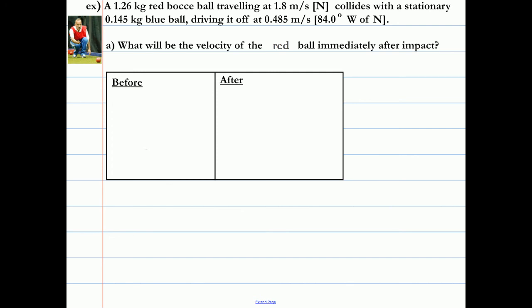So the first part of the question asks us what the velocity will be of the red ball immediately after impact. So before the collision, the red ball goes up north, strikes the stationary blue ball. Afterward, the blue ball goes off towards the left, 84 degrees west of north, and the red ball goes off in some unknown direction. So that's part of what we want to find out.